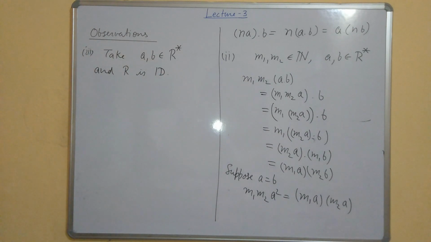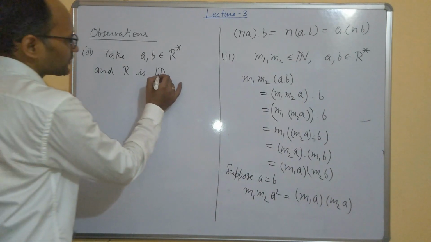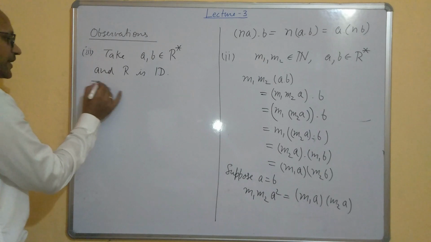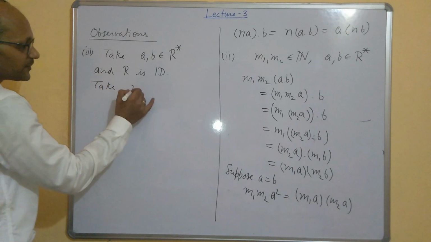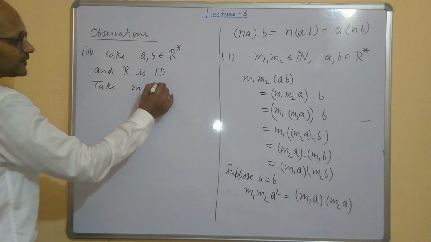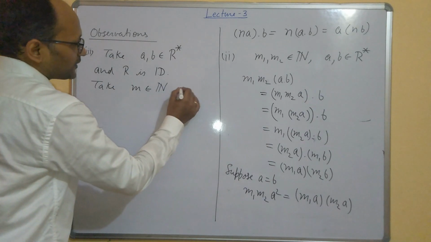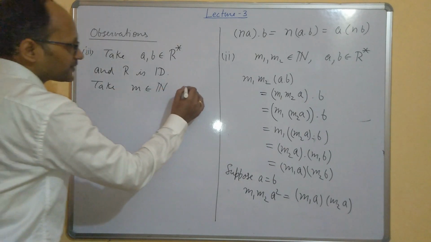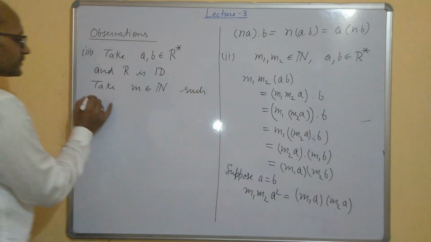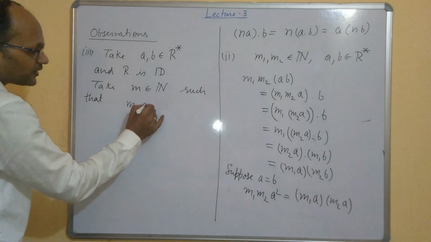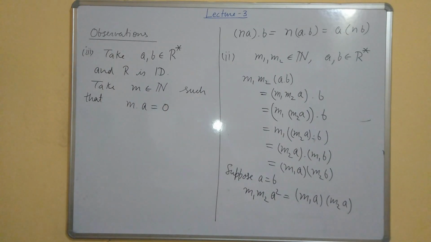So in place of any ring I take an integral domain, and take some m in N such that m into a is equal to 0. Suppose it is happening in this integral domain.